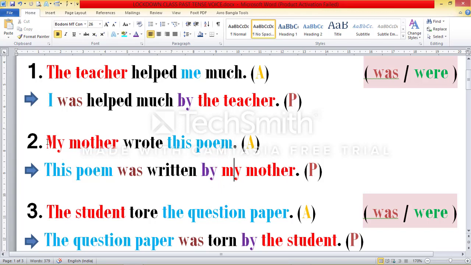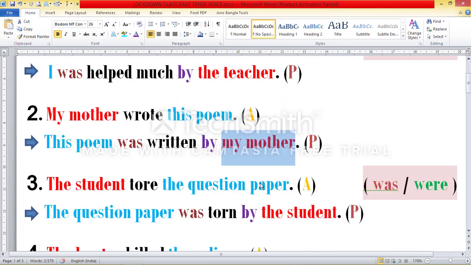Then at last the subject of the active sentence will be the object in the passive sentence. So my mother has become here object. So the passive form of the sentence, my mother wrote this poem, is this poem was written by my mother.